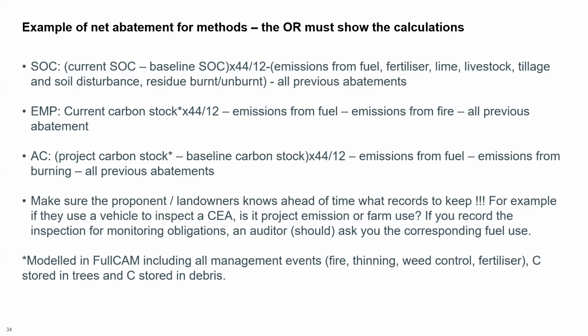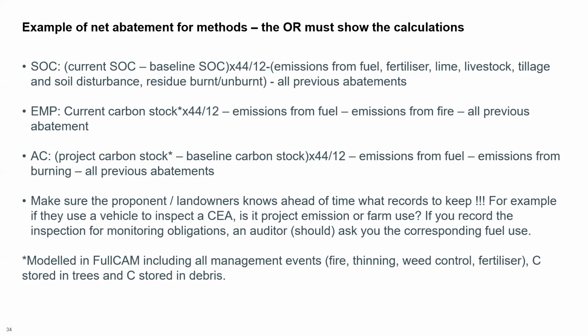So again, make sure that the landowner or the proponent knows ahead of time what record to keep, especially for soil carbon, but also the other methods. For example, if you use a vehicle to go around the CEA and have a look at it, whilst you're checking your fences, is that a project emission or farm use? Right?